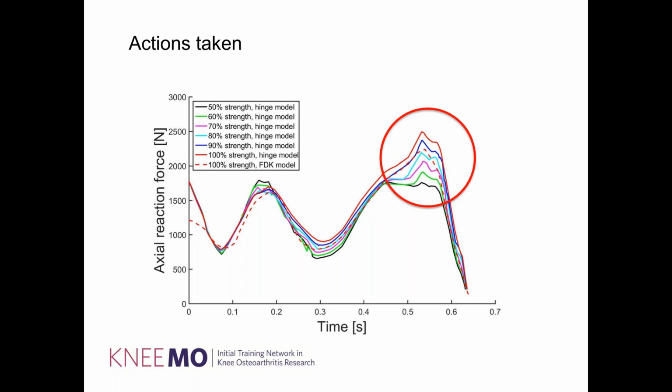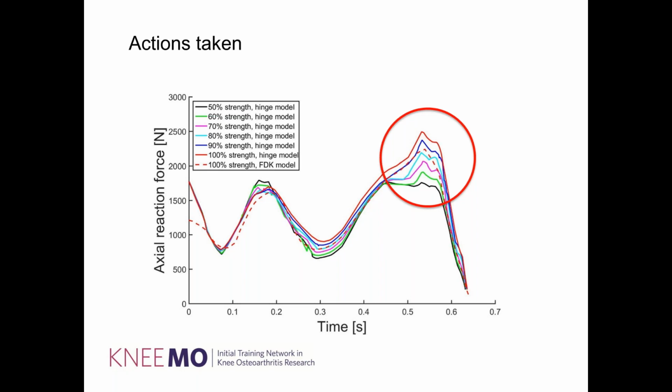So what we decided based on this is, first of all, to change the muscle model into a 3-element one. But secondly, we also decided to go with the more complex FDK model that is only constrained by the ligaments, so also more realistic.